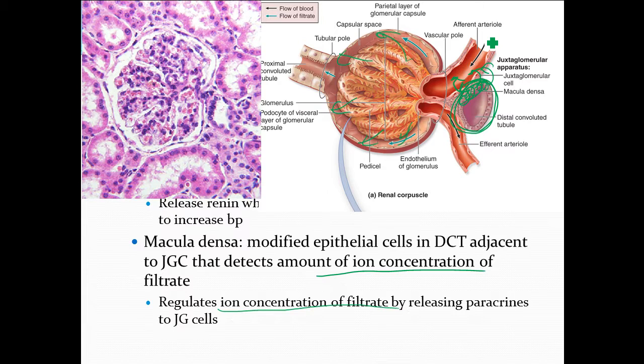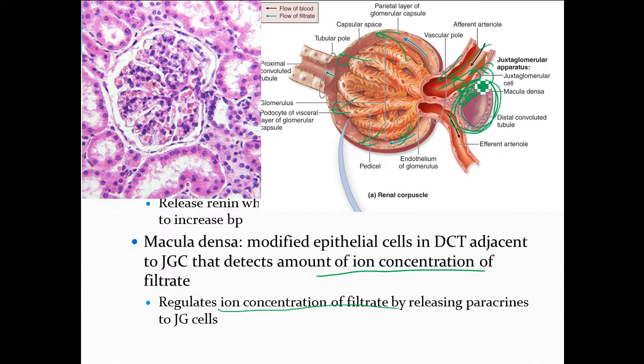So we want more retention of water. Do we want more blood flowing through and making more filtrate, or less filtrate at this point? Less. We want to retain more water, so it will vasoconstrict the afferent arteriole.